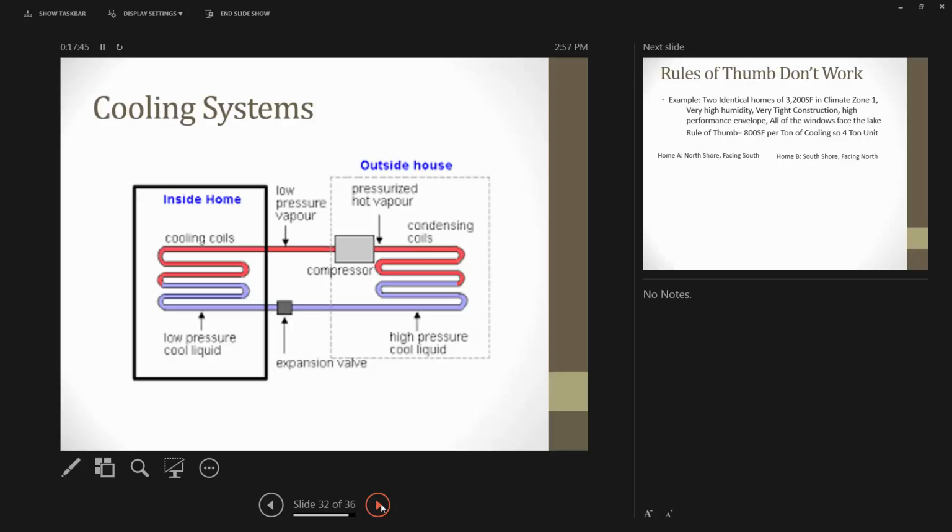All right. So, the basic concept of cooling systems, and the biggest part of this that I want you to focus on, we're not going to spend too much time on it, is the refrigeration process.